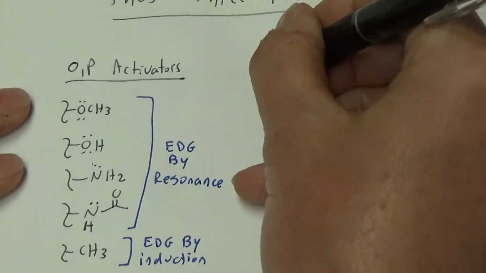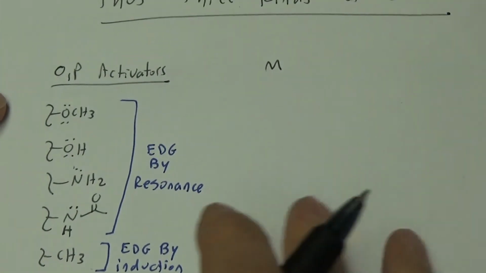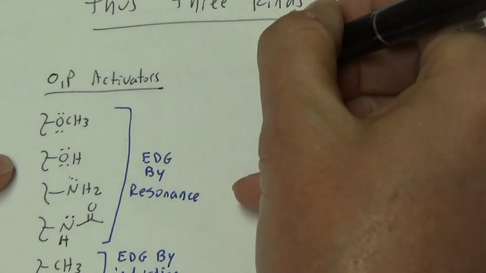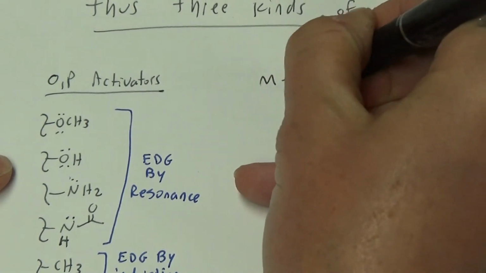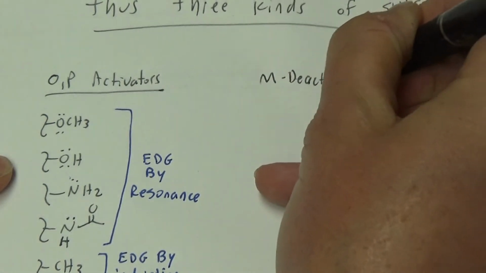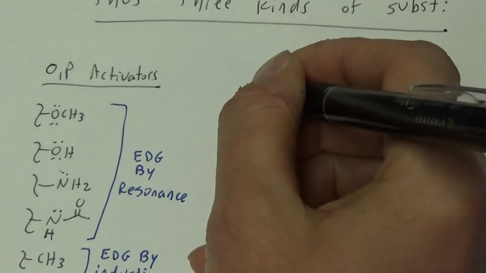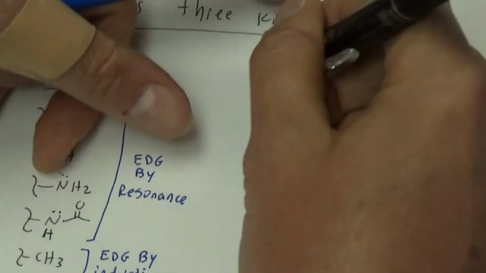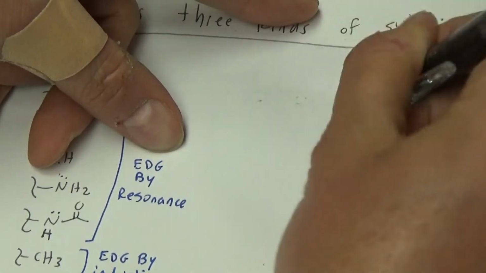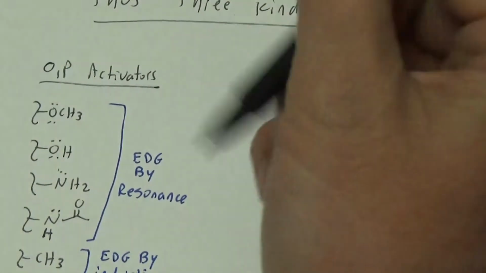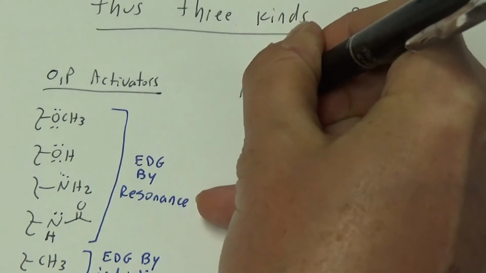Okay, then we have the meta ones. The meta ones are all deactivators. I'm going to draw it a little to the left. Okay, meta deactivators.